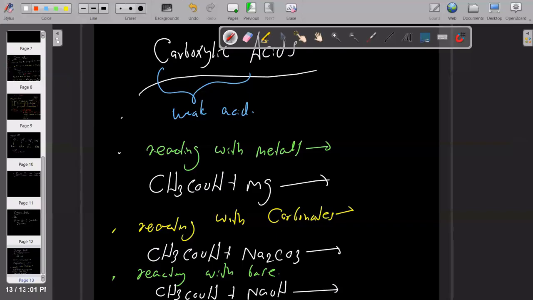Right. Now remember, in all these cases, salt is one product. In all these cases, acid salt is made, right?